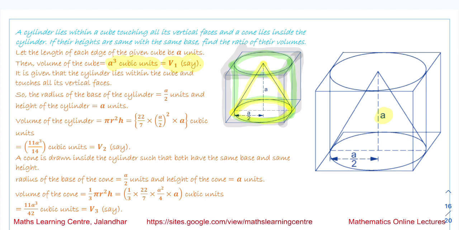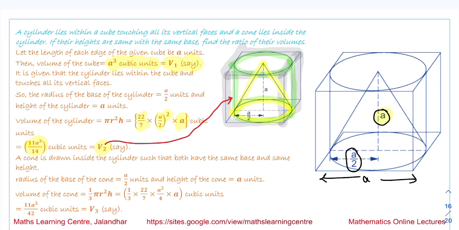Now if the edge of the cube is A, this side is A, then this base radius will be A by 2, and this height will be A. So the volume of this cylinder will be pi r square h, so it is 22 by 7, A by 2 is the radius, so A square into height A. When we solve this we get 11 A cube by 14. This is the volume of the cylinder.